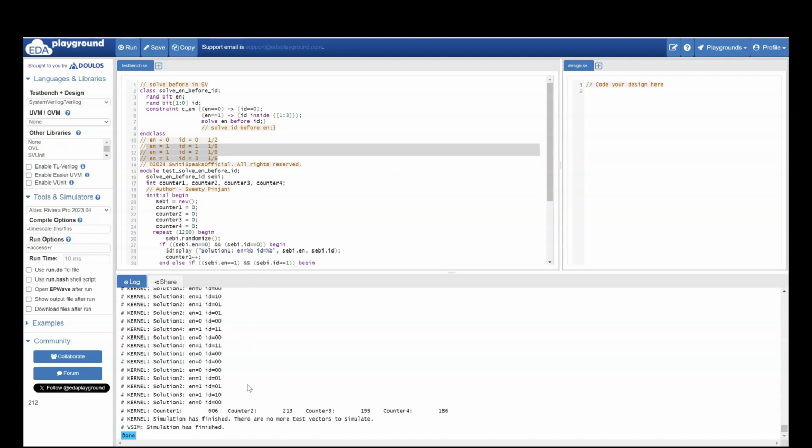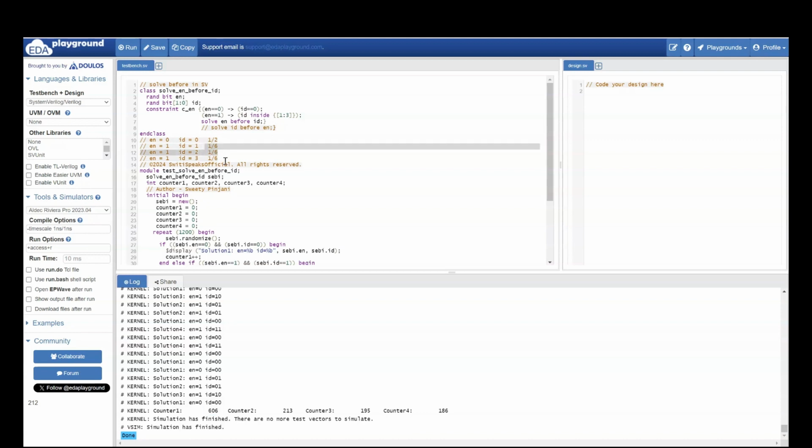Now let us see if the counters are also correct. In total I have randomized 1200 times. It means enable equal to 0, id equal to 0 should get generated almost 600 times. Roughly, if you see, 606 means roughly 600 times it got generated.